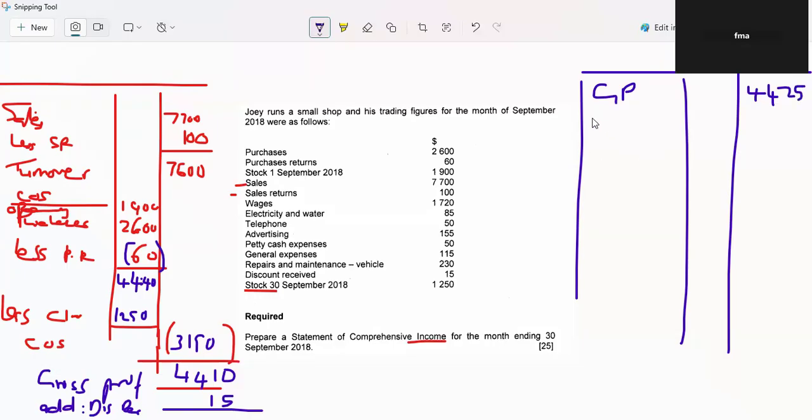Then we less expenses now. So what expenses do we have? Salary, wages, electricity and water. Let's start with wages. How much? 1,720.